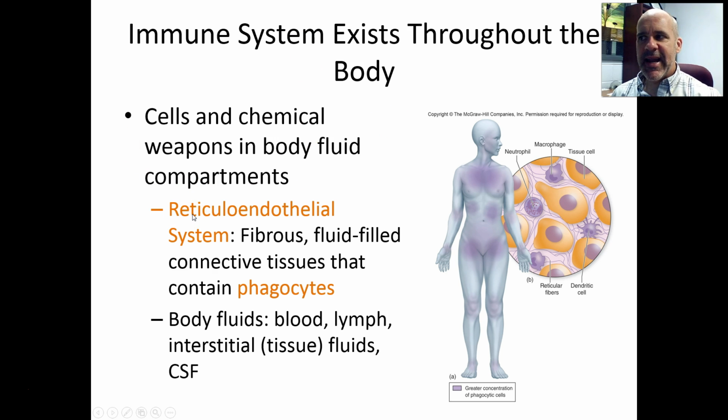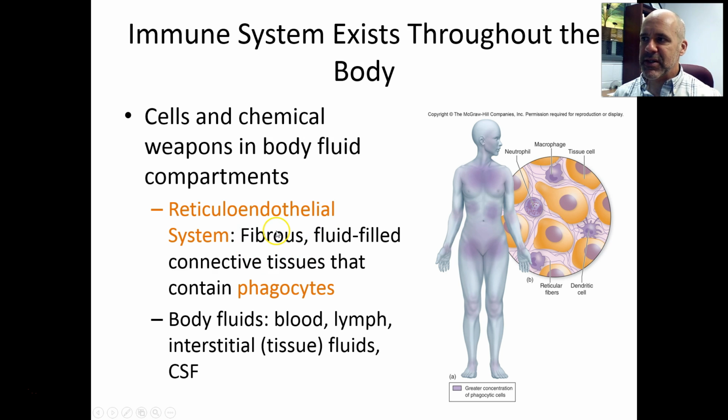Now there is a name for locations in the body where you tend to have lots of these phagocytic cells. They're going to be positioned or poised in areas where they're most likely going to encounter invading microorganisms. Some people refer to, almost like we have a body system of these phagocytic cells that attack invaders, and there's a long name for that, the reticuloendothelial system.